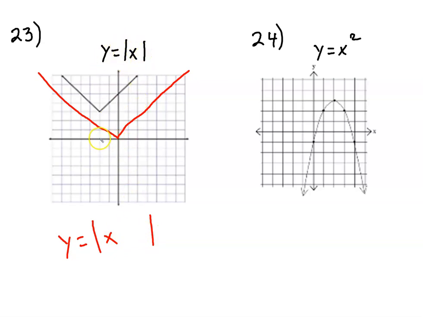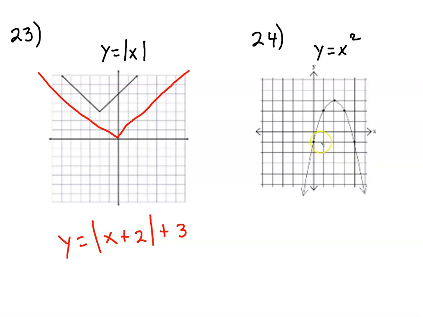And the way I show shifting to the left 2 is with plus 2. Tricky. Plus means left, minus means right. And the way I show a vertical shift is I put that outside the absolute value, and plus means up, minus means down. So my answer for 23 would be this.